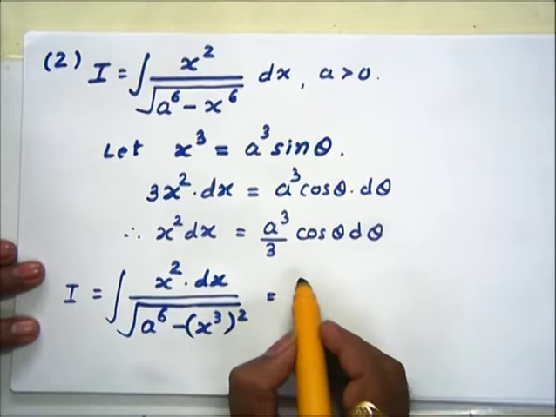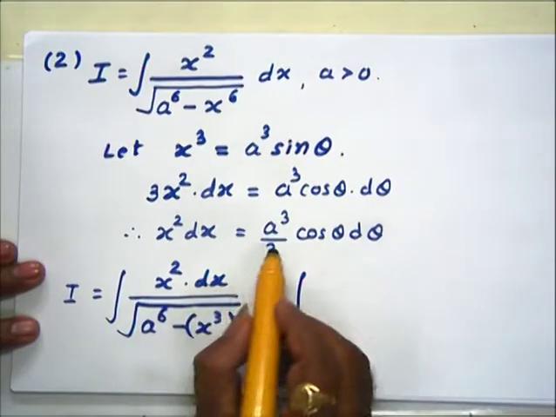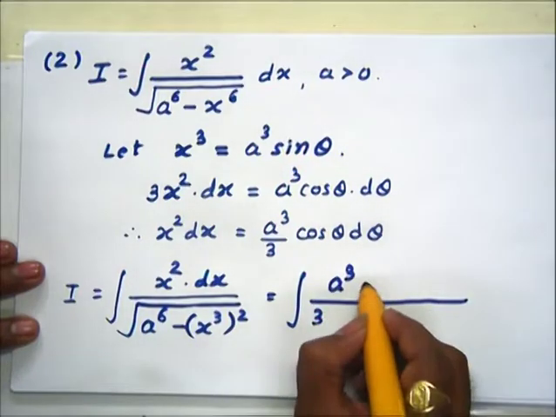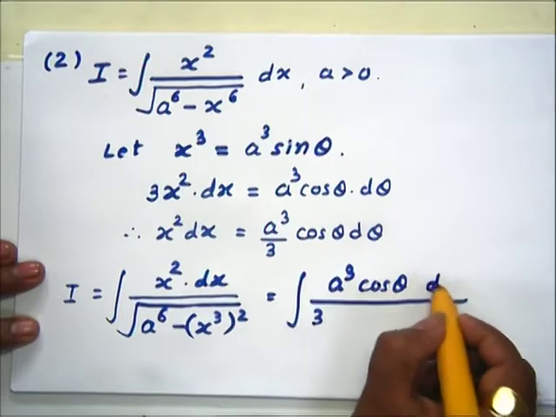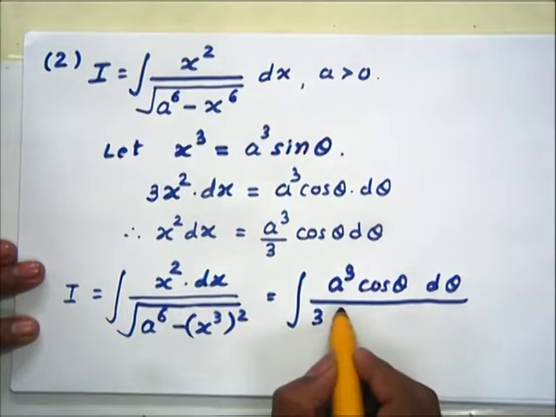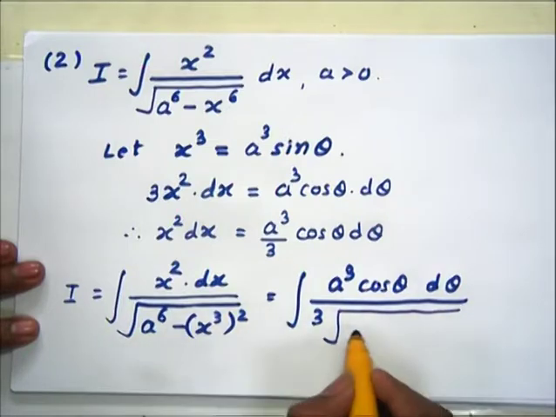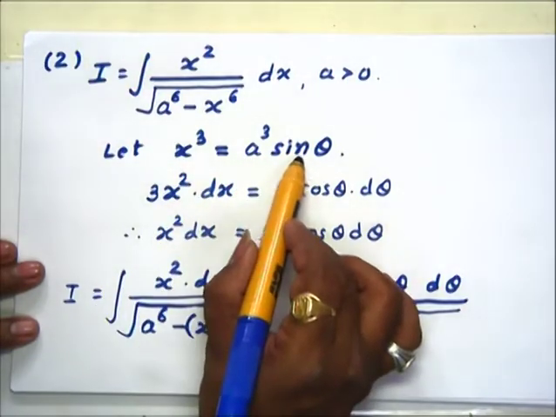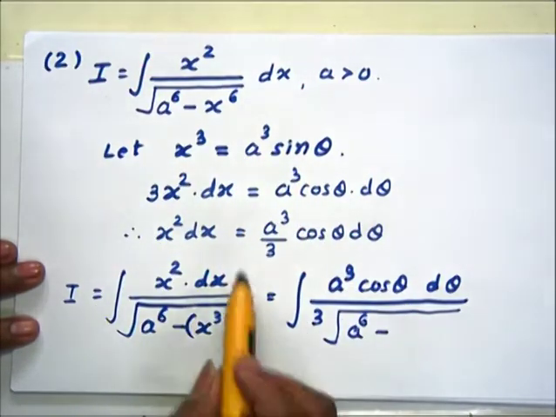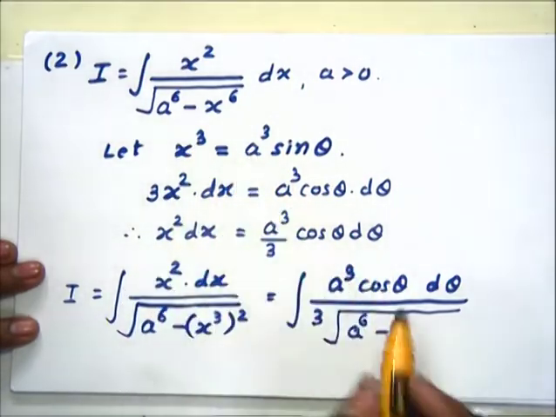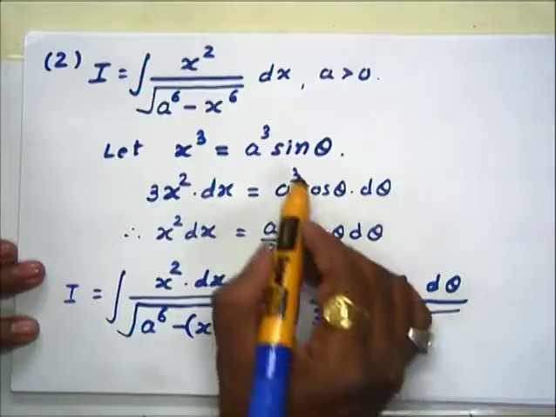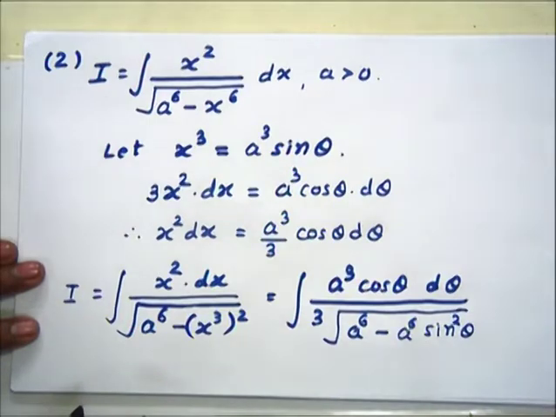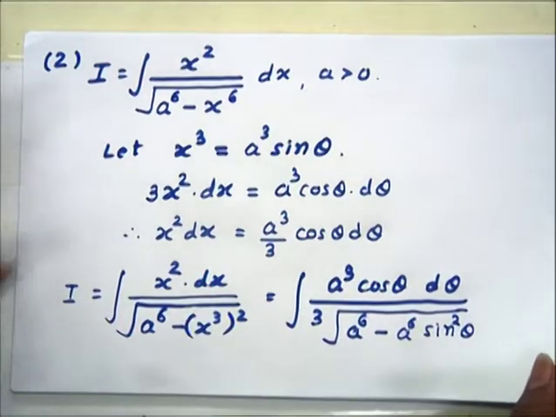We have integration x square dx is a cube by 3 cos theta d theta, and square root a raised to 6 minus x cube is a cube sine theta, and this is x cube square. So x cube whole square is a raised to 6 sine square theta.